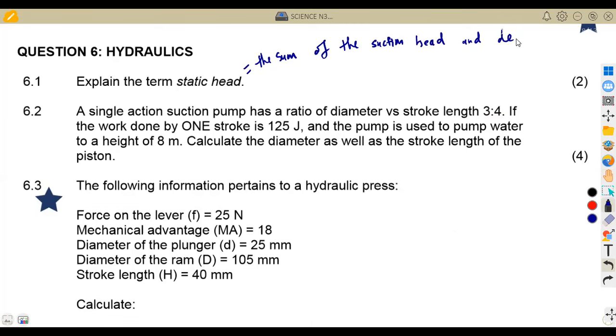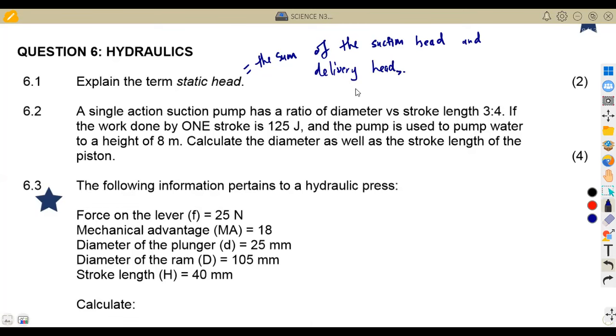If you check back, I referred to the diagram that shows the combination of the two. This one was just for you to explain, so that's 2 marks.